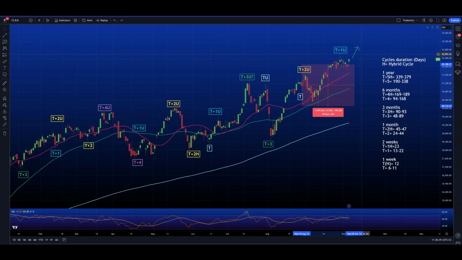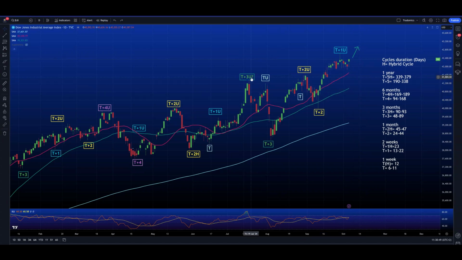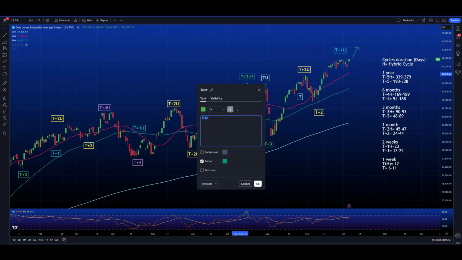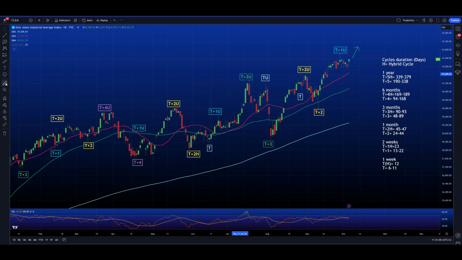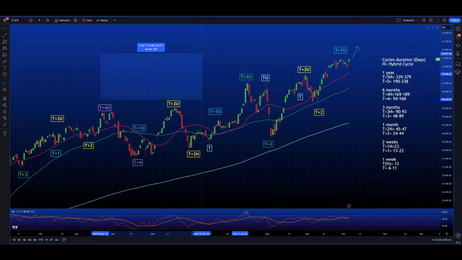Therefore you have to be aware that a potentially harder retracement can happen. It's also true that here we have a T+3 that is now confirmed. And if we gauge the total duration from this T+4, here we have 133 bars.